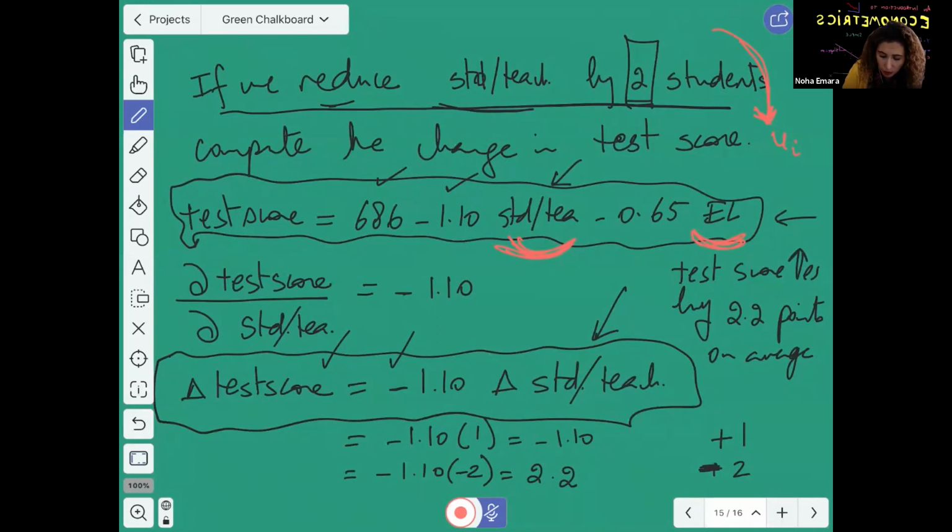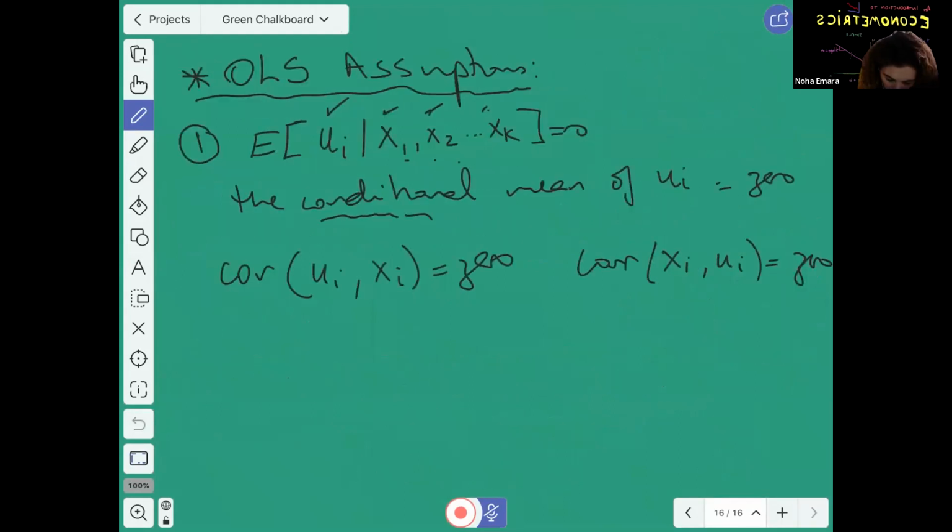The economic background in general might also be affecting the average test score. So this is a big assumption. In the coming topics I would briefly talk about the violation of this assumption, but I will not spend much time on it because it is part of your econometrics level 2, the second course in econometrics.